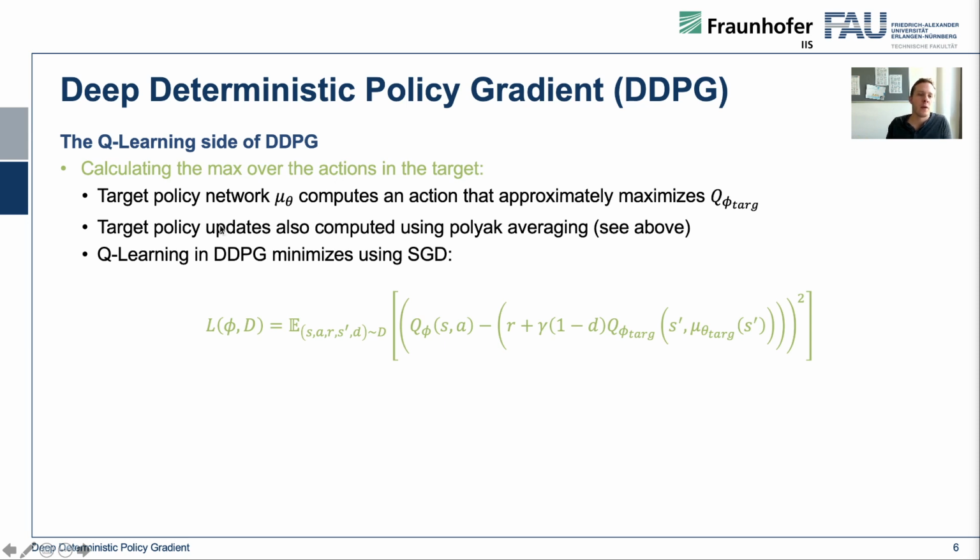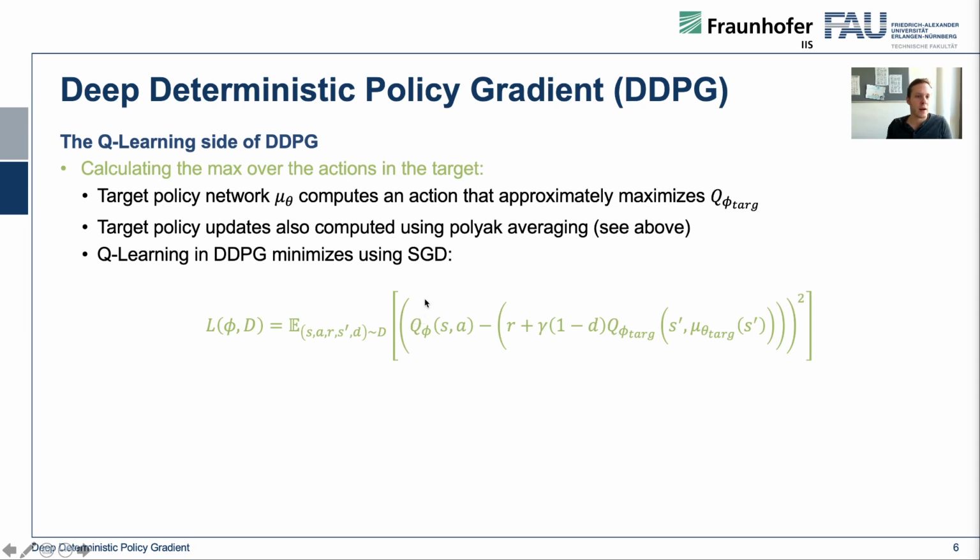So next to our Q function we have a policy network that gives us the action that maximizes the Q value at a certain state. If we have this, we can plug the output of this policy network in here, which helps us evaluate the Q target of our Q function.